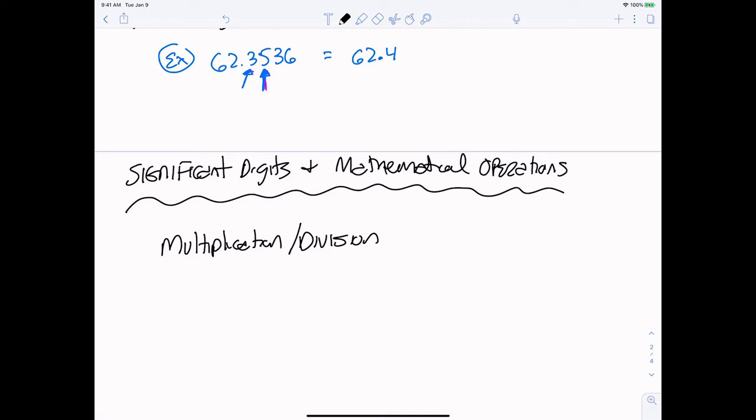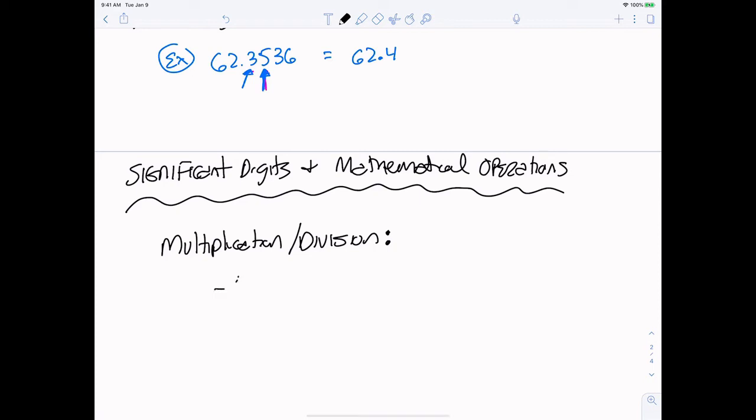Our rule is that our answer cannot have any more significant digits than our original number with the fewest number of significant digits. The interpretation is that our answer can't be any more certain than our least certain number. Remember, the number of significant digits tells us our certainty. So if you only know one number out to the 10th place, but you know another number out to the 100th place, your answer can only go to that 10th place. It can never be more certain than our least certain original number.